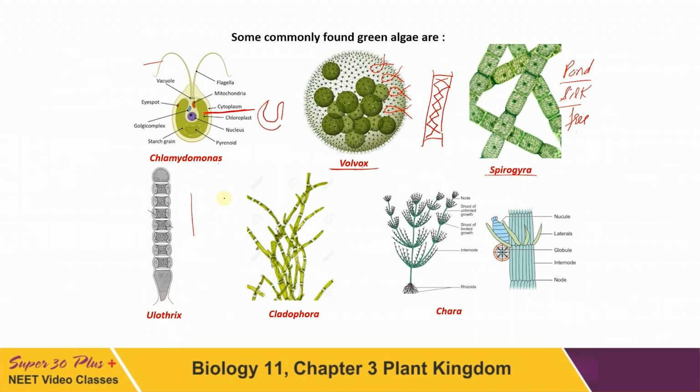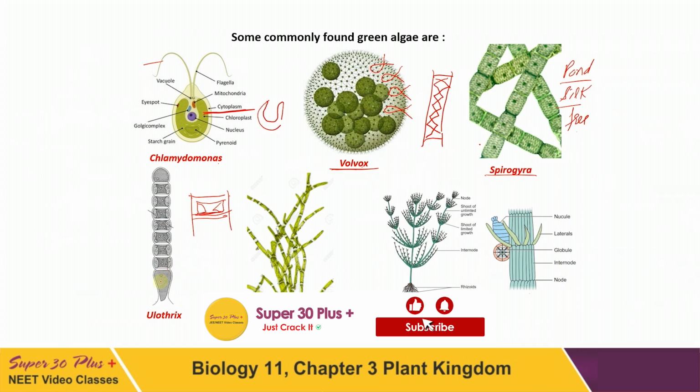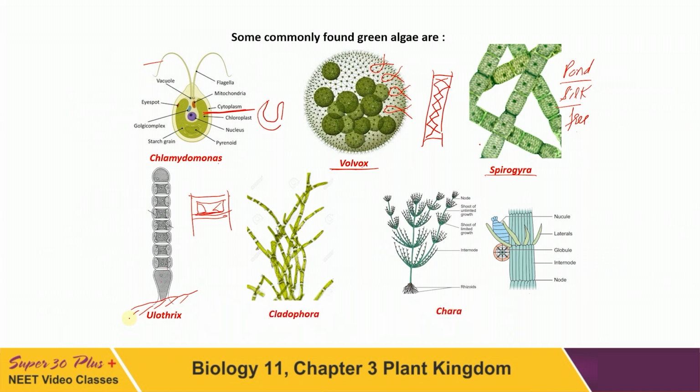Here the cells are also rectangular, but the width is more than the length of the cell, and it has a girdle-shaped or horseshoe-shaped chloroplast. This is also an unbranched filamentous alga. Ulothrix is found attached to some substratum, while Spirogyra is found free floating. Chlamydomonas, Volvox, Spirogyra and Ulothrix.